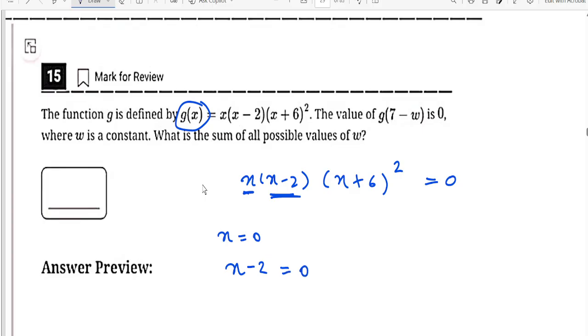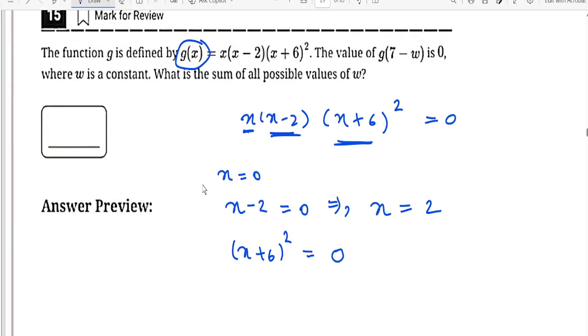So from here, if I add 2 to both sides, I will get x equals 2. Now third is this, when we equate x plus 6 whole square equal to 0. This gives us x equals minus 6, right? Because when we take this plus 6 to the other side of the equal sign, the sign becomes opposite.